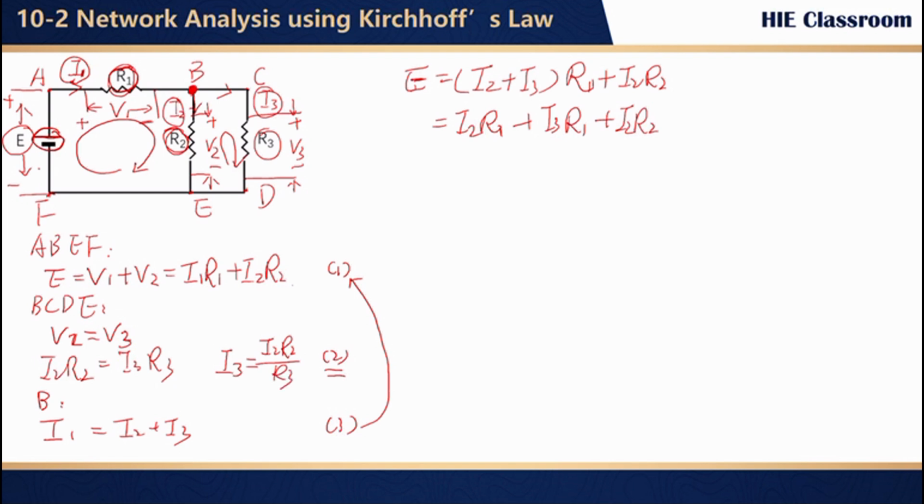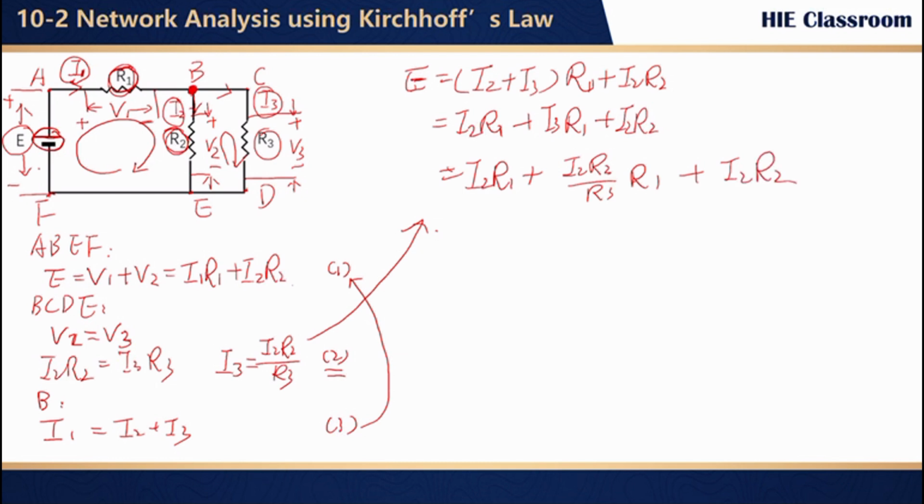Here, we can put this one into here, then we continue to solve this equation: I2 R2 over R3 times R1 plus I2 R2.